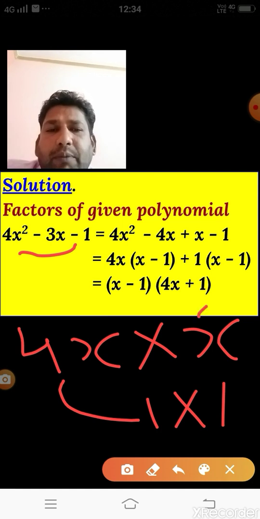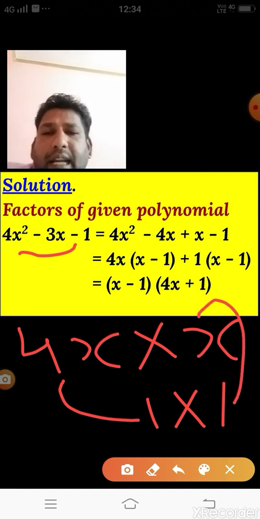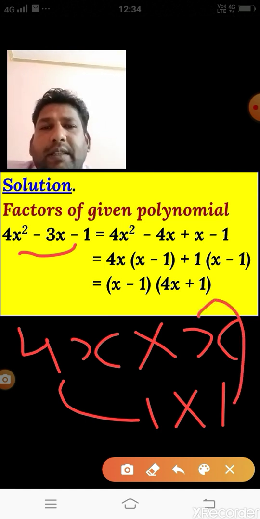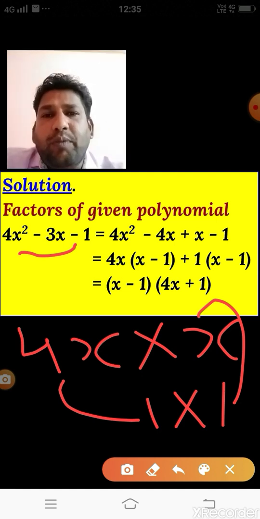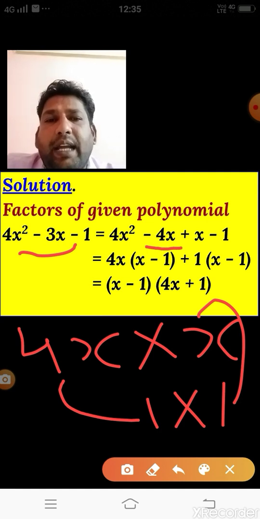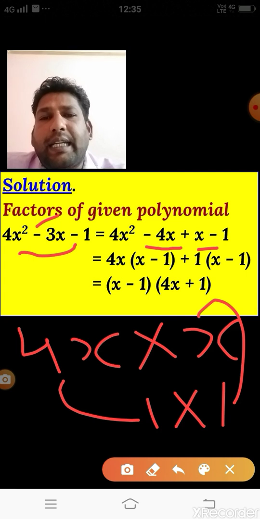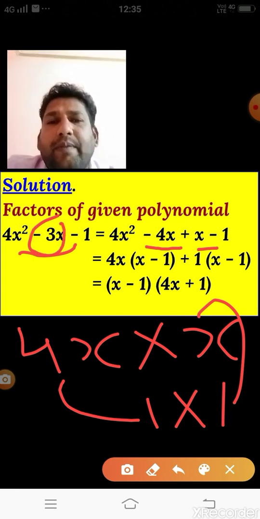Taking the product of 4x and 1x, we get 4x and x, and here we need minus 3x. We have to make minus 3x. For this reason we take minus 4x plus x. Minus 4x plus x, we get minus 3x.